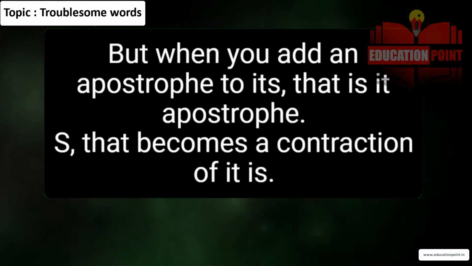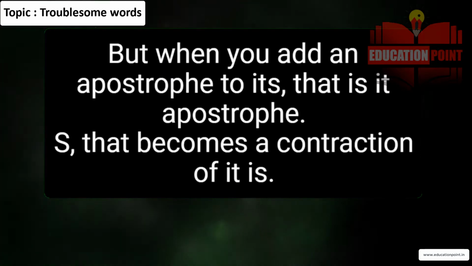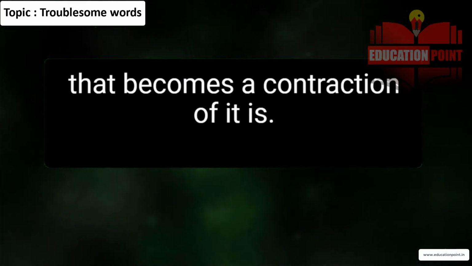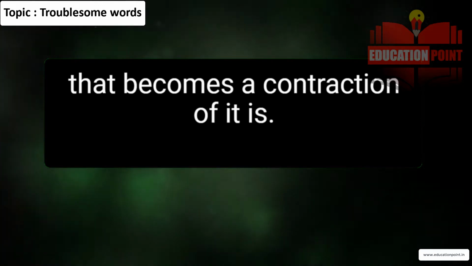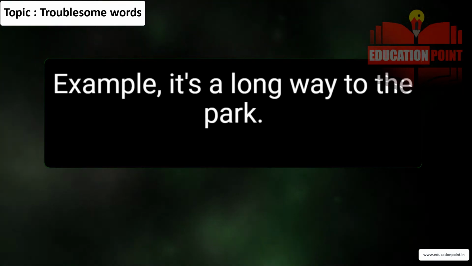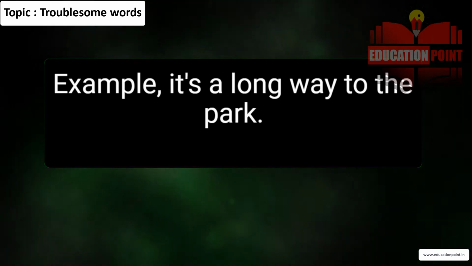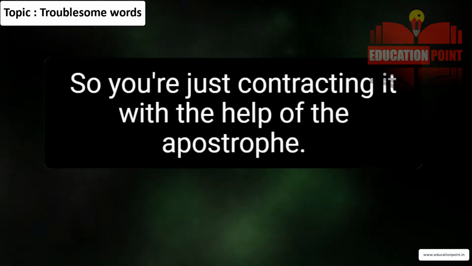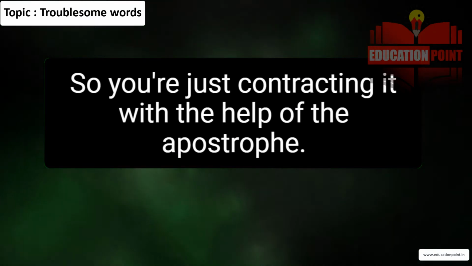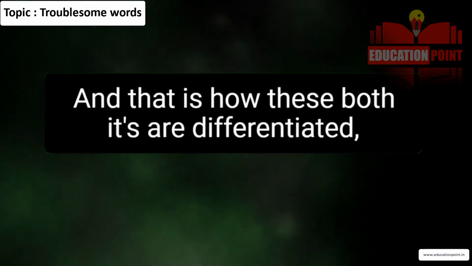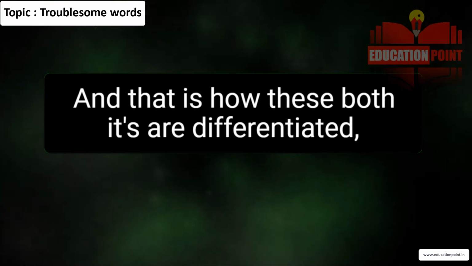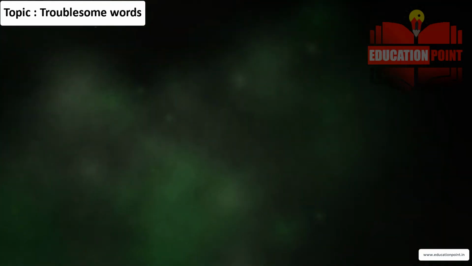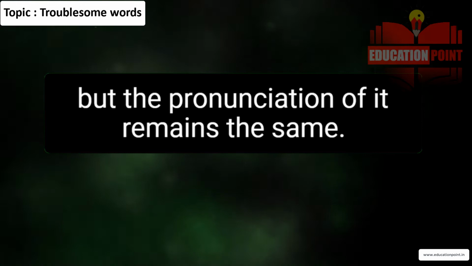But when you add an apostrophe, that is "it's", that becomes a contraction of "it is". Example, it's a long way to the park. Or you can also say, it is a long way to the park. So you're just contracting it with the help of the apostrophe. And that is how these two are differentiated, but the pronunciation remains the same.